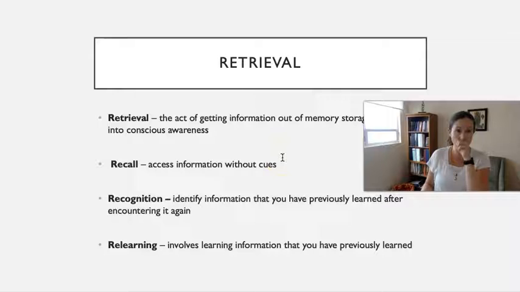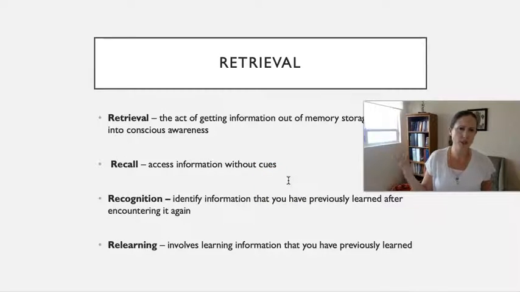So question for you. If you were taking a test in class, which type of retrieval are you using if you have a short answer test, and which type are you using if you have a multiple choice test? For these types of retrieval, recognition is easier than recall.